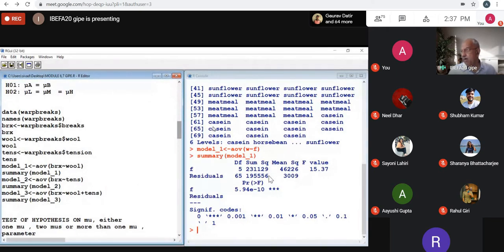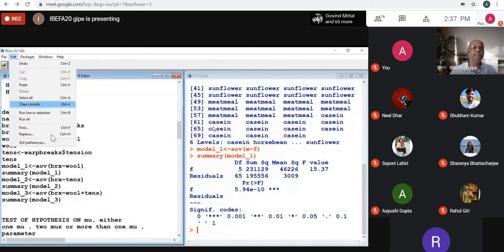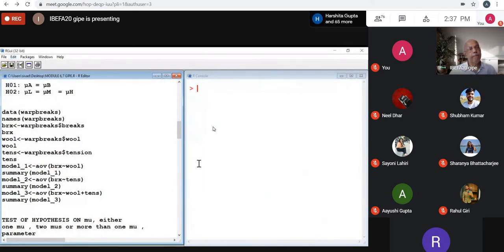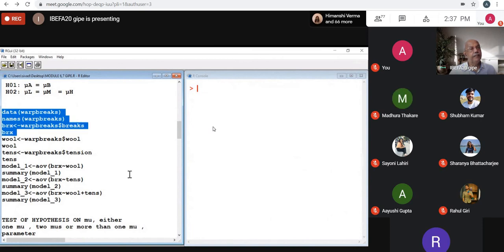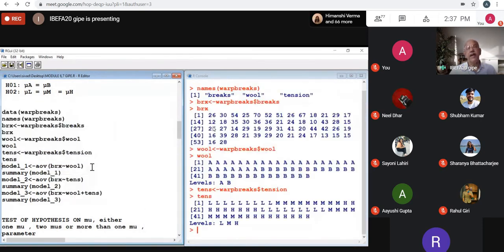Next example was wool example I have done. The file name is warp breaks. So the data and this is what the content.